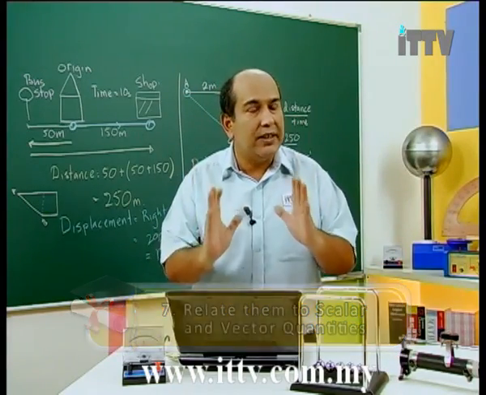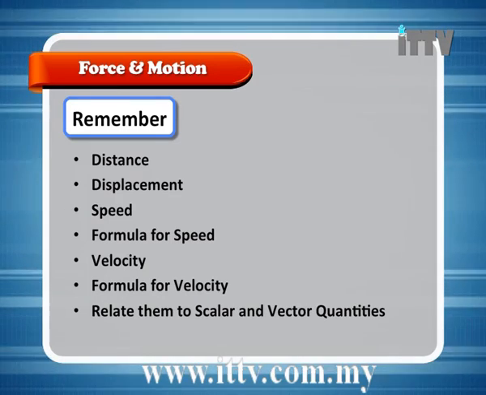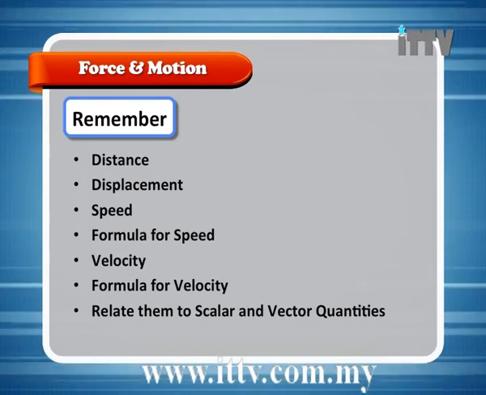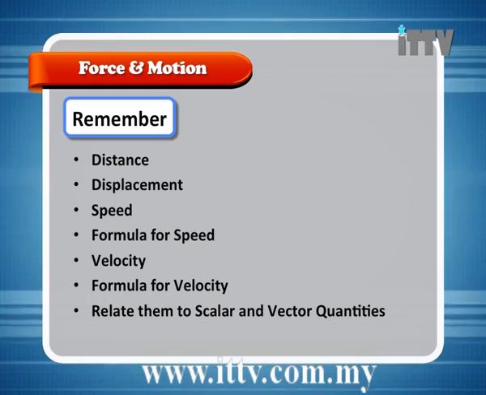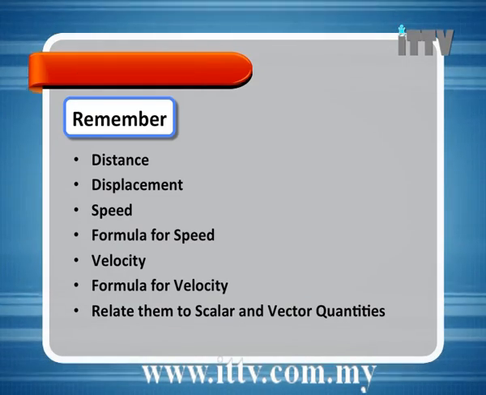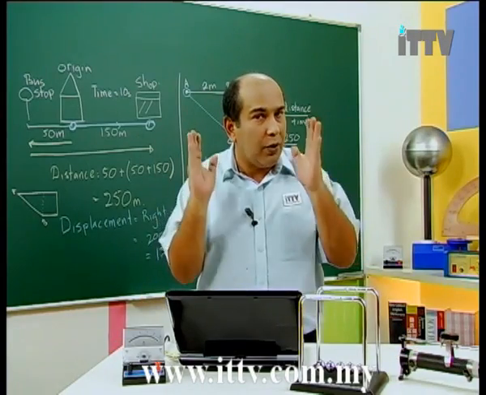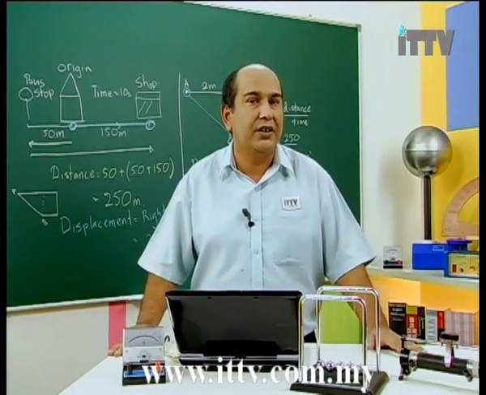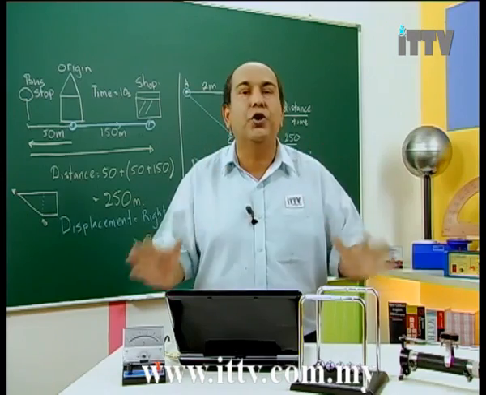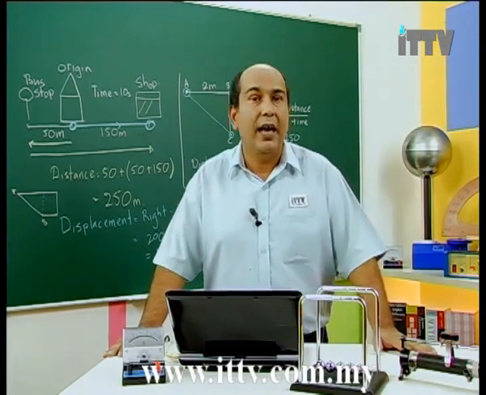You've got to know this basic material from this topic. Print out this slide and make sure all of this information is put down and keep it for yourself in a little folder. This is the basic material that you need to know. This is what they're going to ask you about in examinations. This is what you must know when we talk about distance, displacement, speed, and velocity.